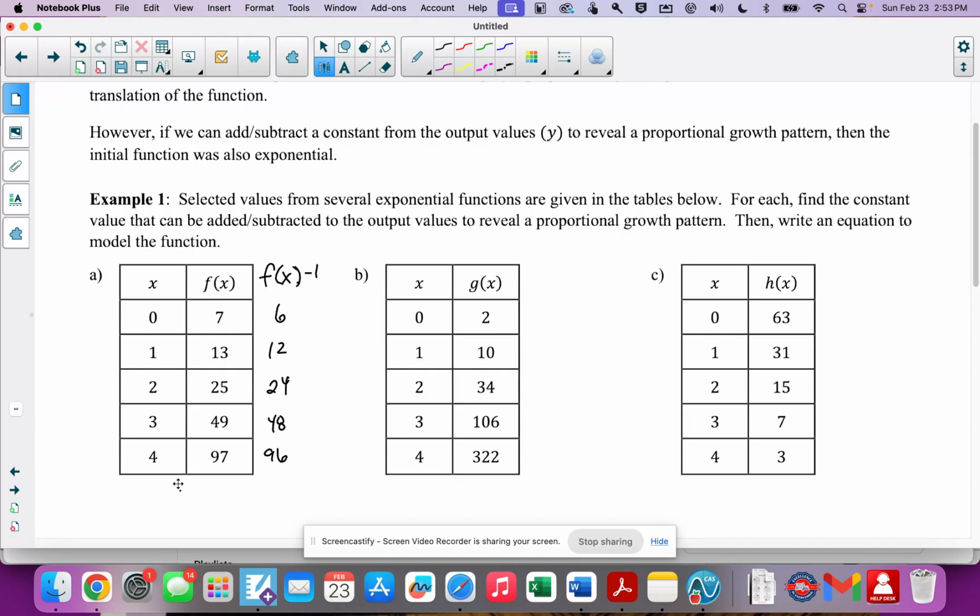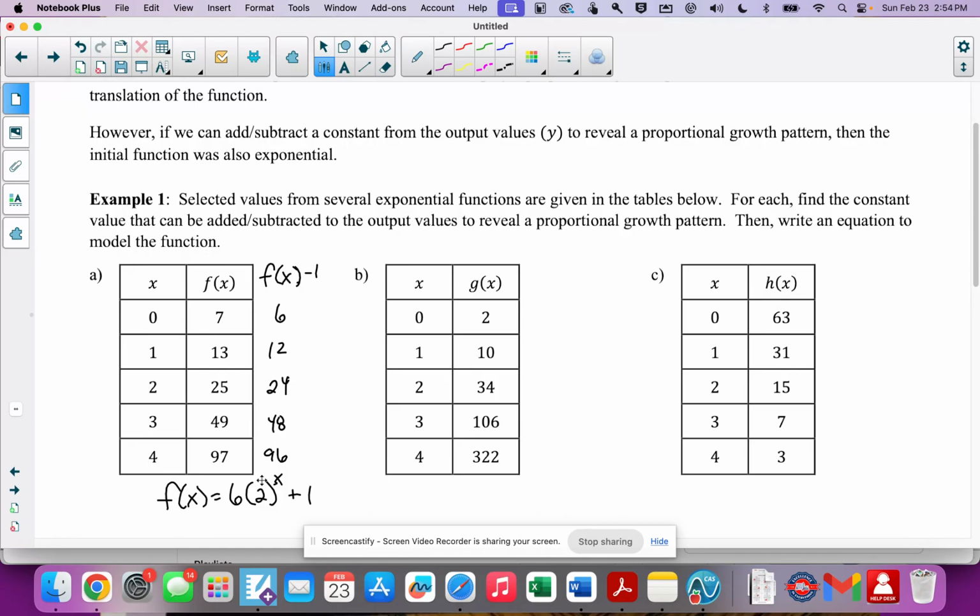So the function can actually be written as 6 times 2 to the x, and then a vertical translation of 1. I had to subtract 1 to recognize the pattern, which means that 1 was added to get the original number. So I want to make sure you're thinking about that really carefully.